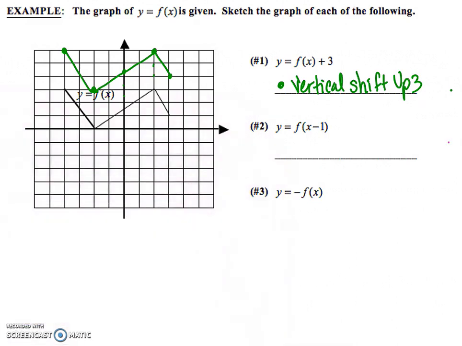And number 2 here, that f of x minus 1, that's going to be a horizontal shift. That's an h value. And again, it's opposite of what you'd see. So you think it's 1 to the left? Nope, it is 1 to the right. So we're just going to move each key point 1 unit to the right.